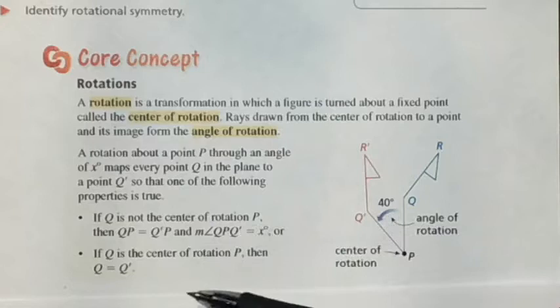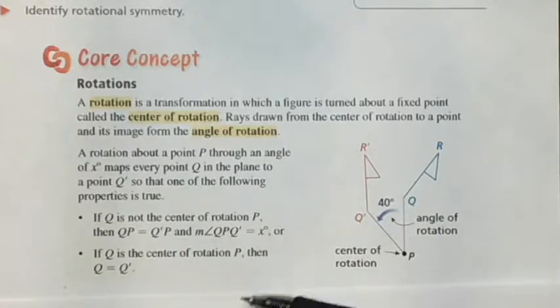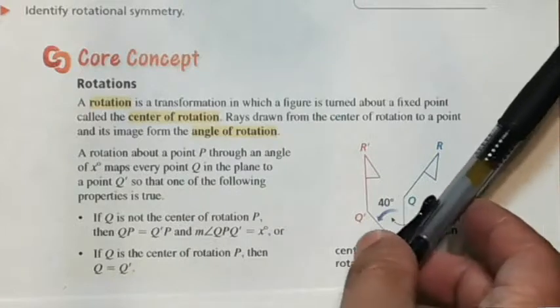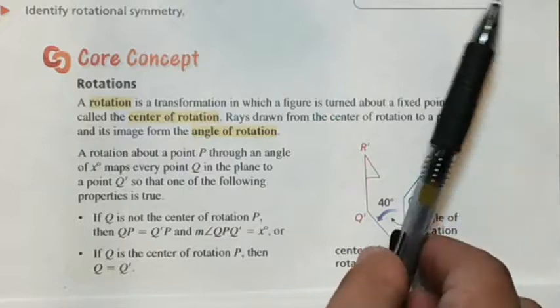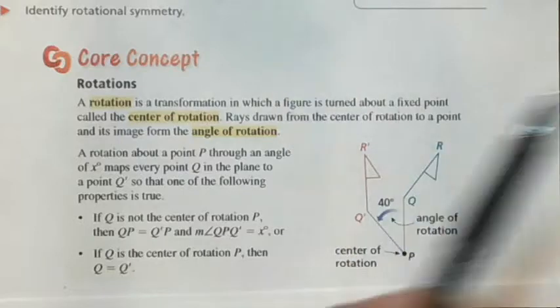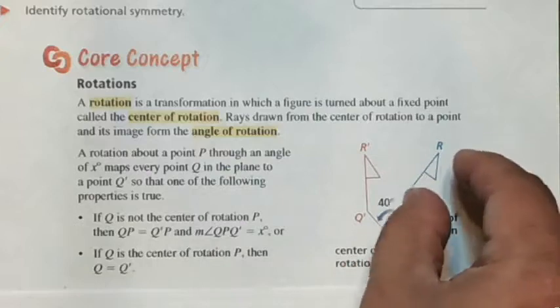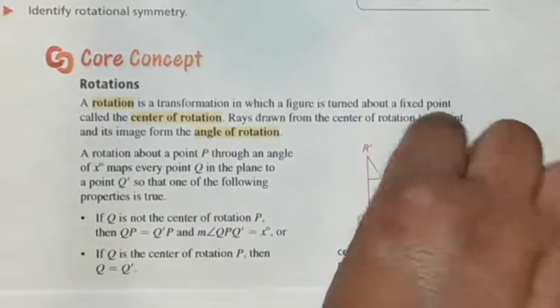Or, if Q is the center of rotation P, then Q is equal to Q prime. So that's basically saying that I can rotate it about a point that's not on the shape, or I can take Q here and just rotate it about that point Q.